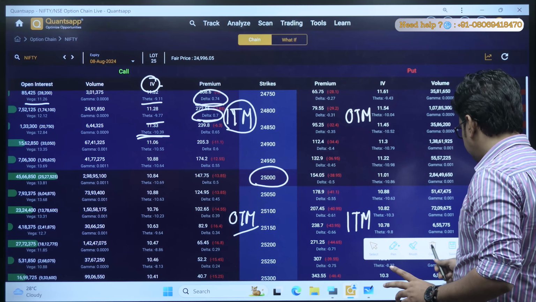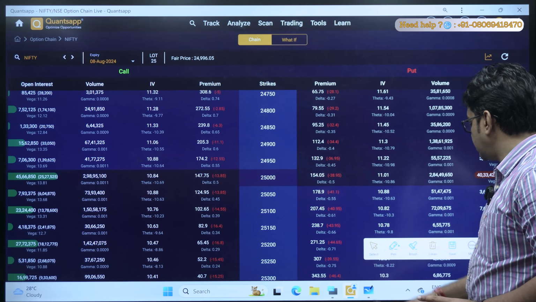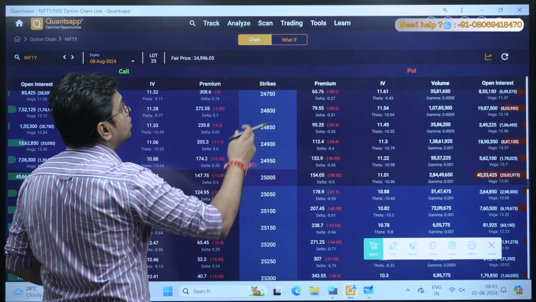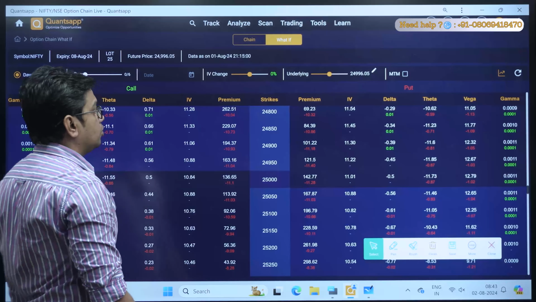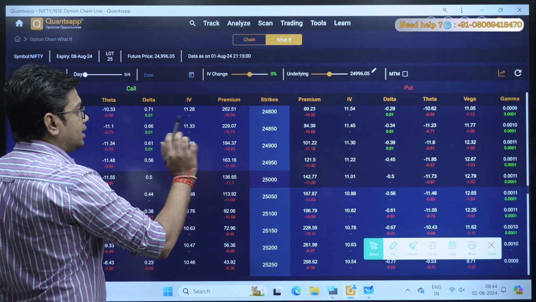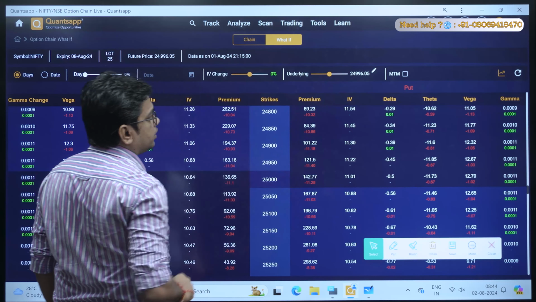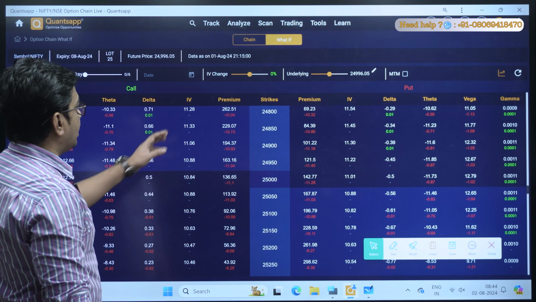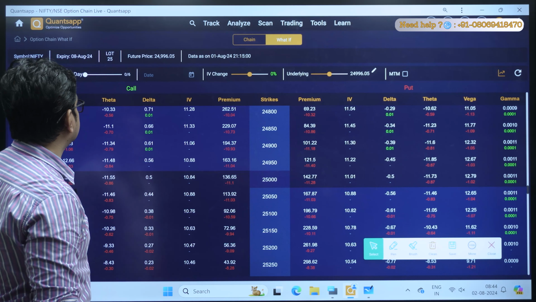Let me show you, if Nifty doesn't move. I'll go to what if. Let's consider the underlying is 24,996, that means 25,000, and IV doesn't change.